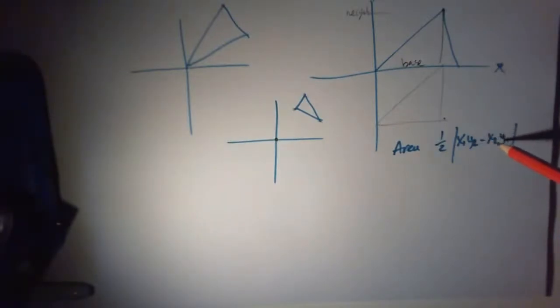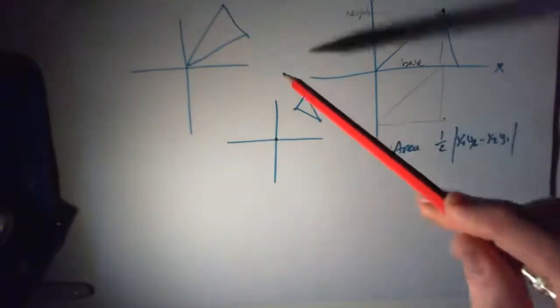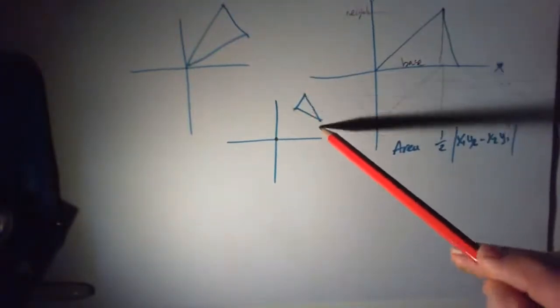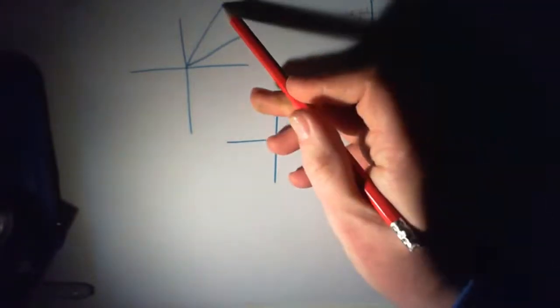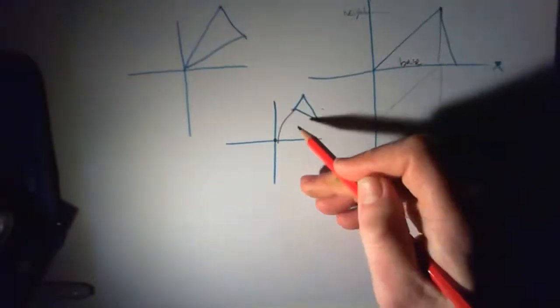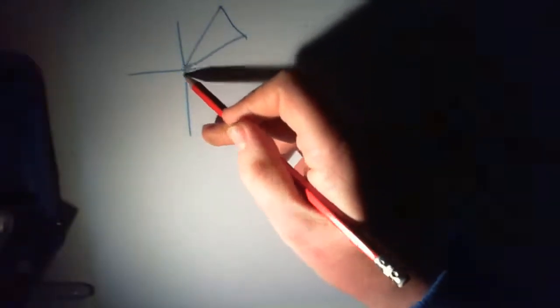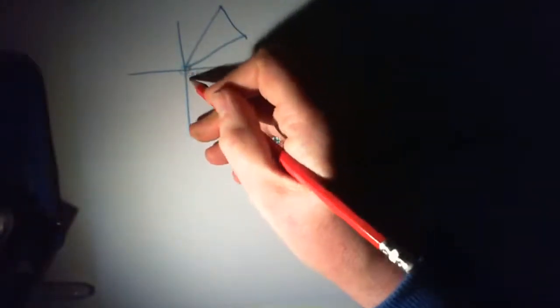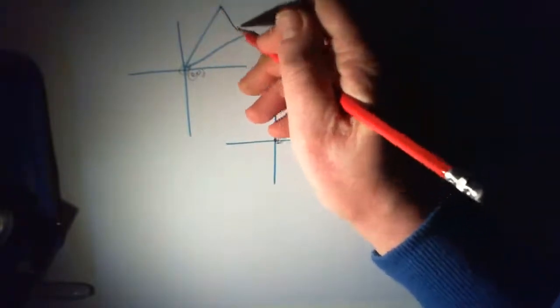There's only an x1, a y1, an x2 and a y2. There's no third set of coordinates, even though the triangle has three corners, because by pulling it down here, you're forcing one of the sets of points to be 0, 0. So you only have to deal with the other two.